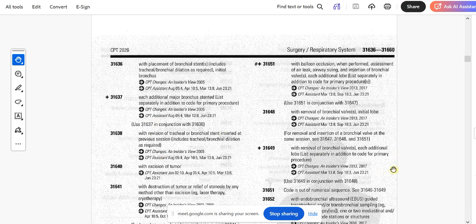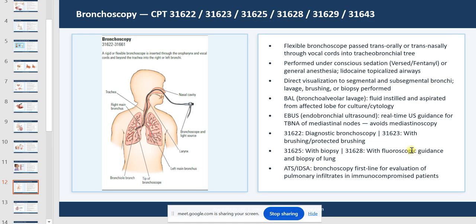If you have time, absolutely, you can spend your time on every code and do research. Like I said, most of them are self-explanatory based on anatomical knowledge. So this is bronchoscopy.